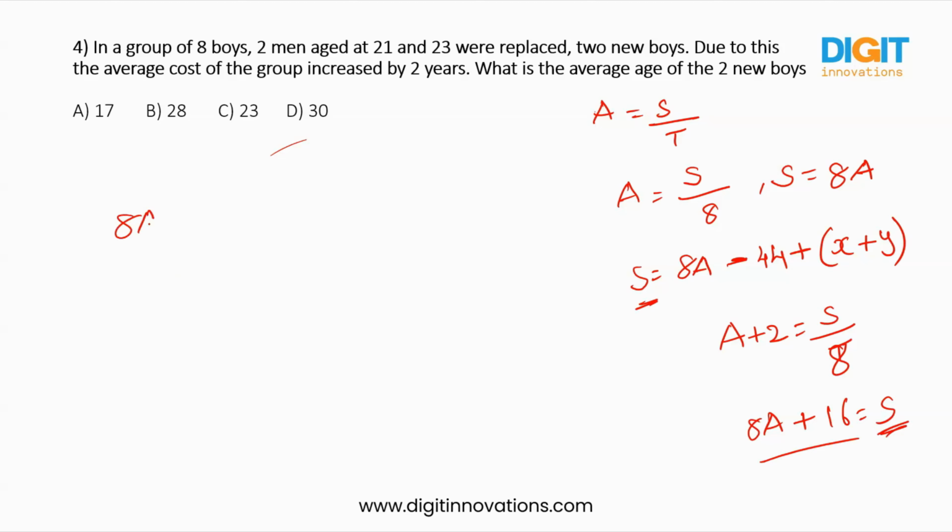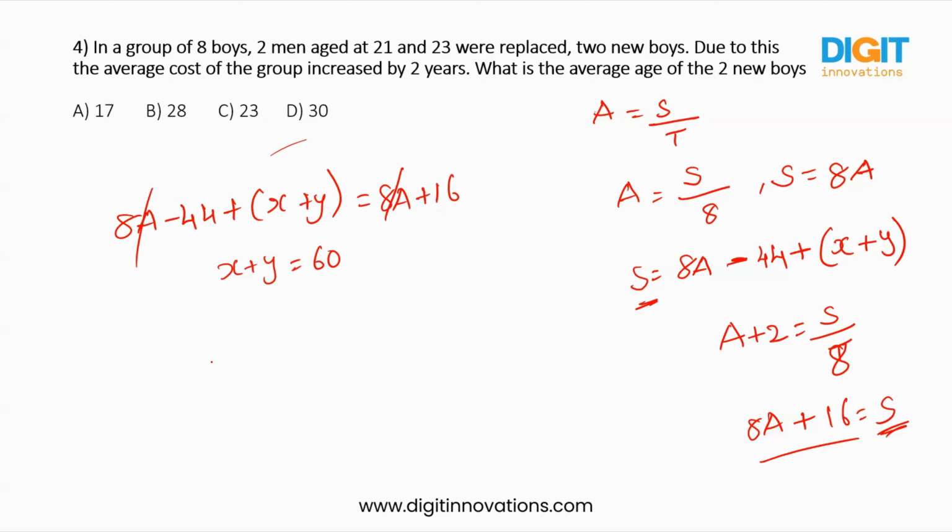Okay, 8A minus 44 plus X plus Y equal to 8A plus 16. So 8A will get cancelled. So when I take this value to this side, it would be 60. So the age of both X and Y together is 60.